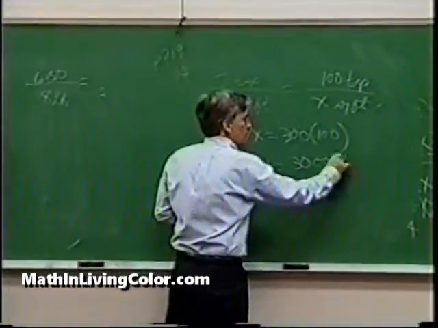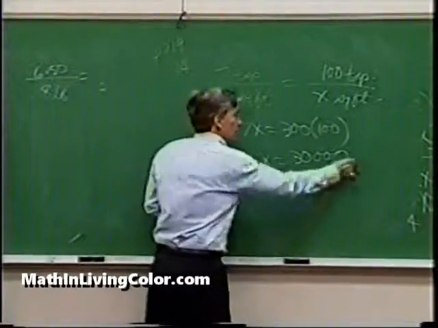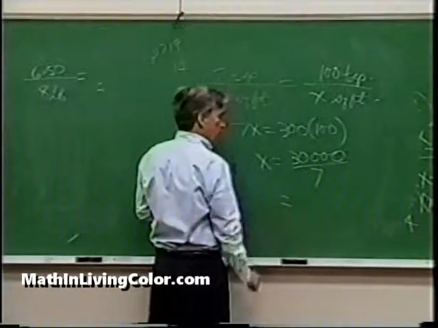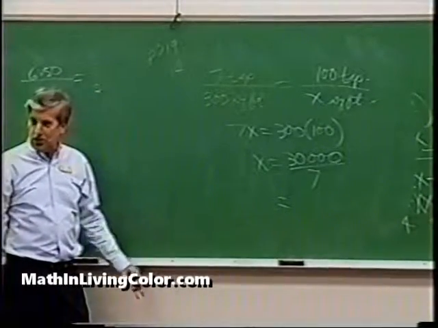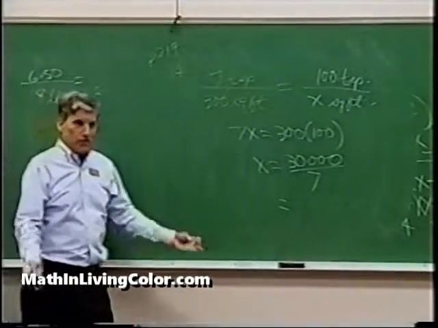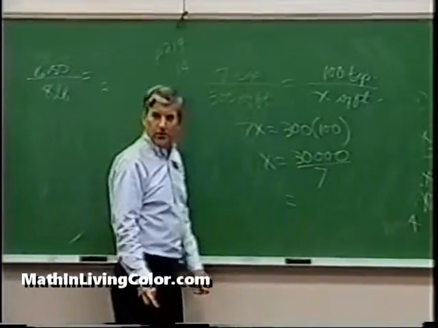300 times 100, what is that, 30,000, divided by 7, and round that to the nearest. Well, we're talking about square footage here, aren't we? Nothing accurate about this. It might be appropriate to round it off some.